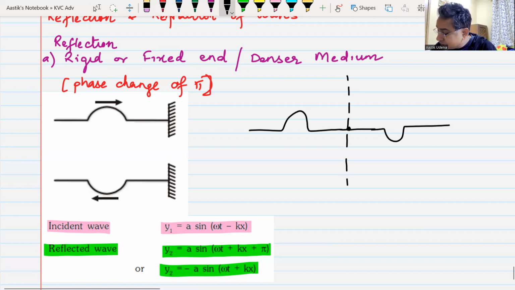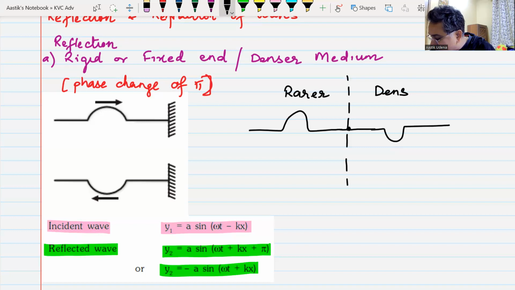This was a rarer medium and this was a denser medium. So on this side you have a rarer medium, and on the other side you have a denser medium.